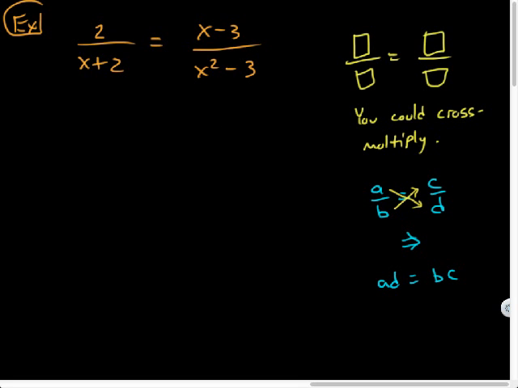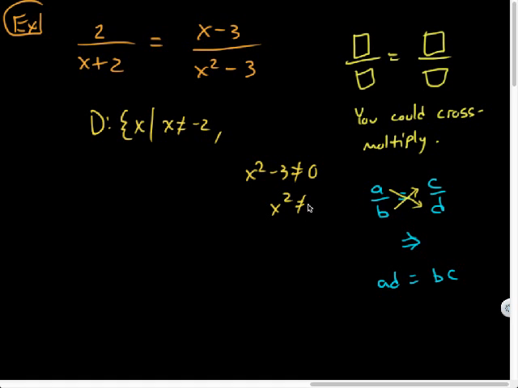Now, actually, let me ask real quick, what about the restricted domain before we try solving this? What values of x won't work? -2. X is not equal to -2. Right. When would this equal 0? Well, think about x squared minus 3 cannot equal 0.